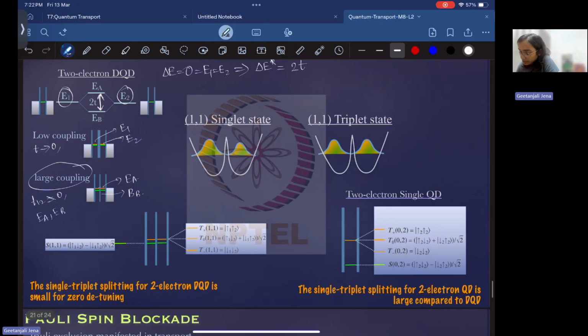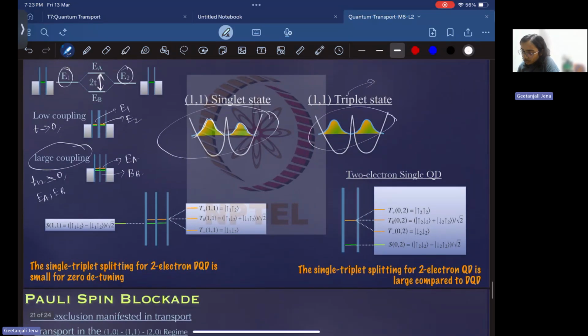The singlet state has lower energy compared to the triplet state, so we can assume that it behaves like a bonding state, and the triplet state like an antibonding state. If you look at the charge distribution for the singlet state, the charge distribution for one of the quantum dots is more than for the other dot. So the charge distribution is asymmetric for the singlet state, and for the triplet state, the charge distribution is nearly symmetric.